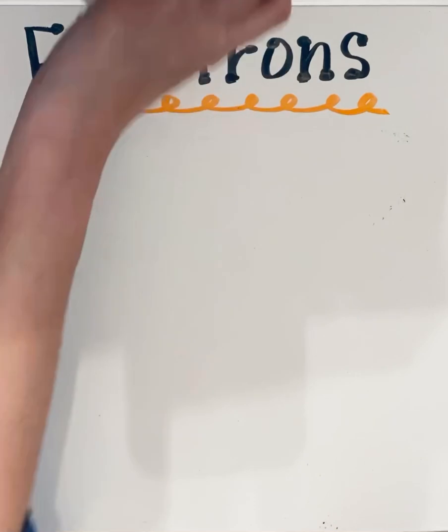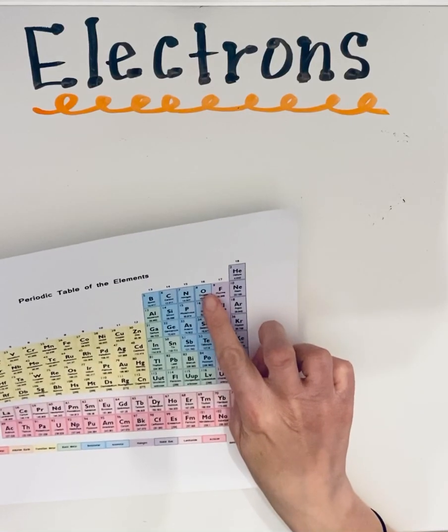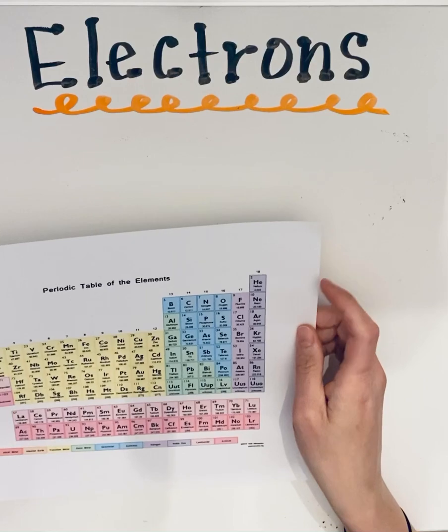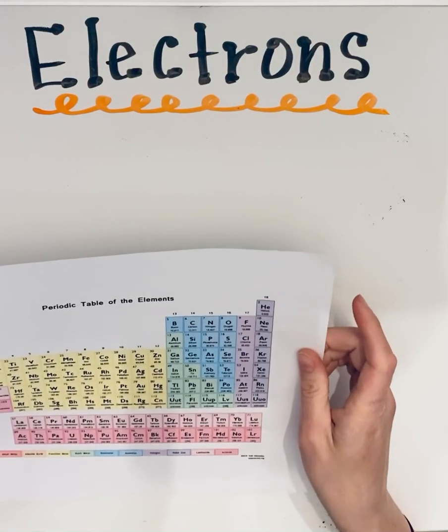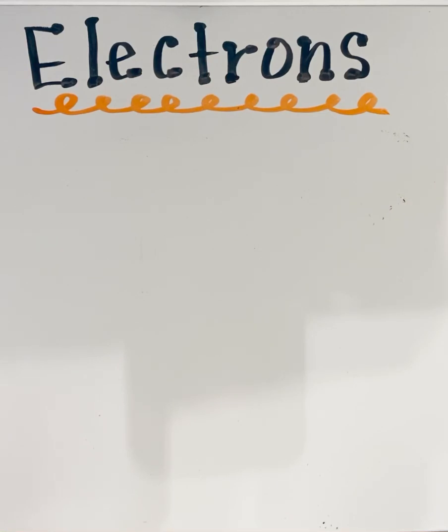All right, I think I'll use M&Ms for this example. So I'm going to work with the element oxygen. Oxygen is O on the periodic table. It has an atomic number of 8 and an atomic mass of 15.999. So I'll draw my element card here.